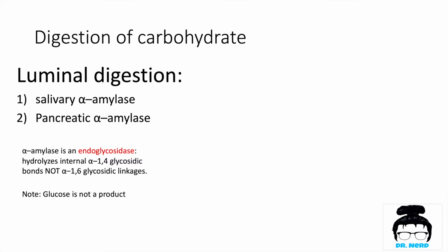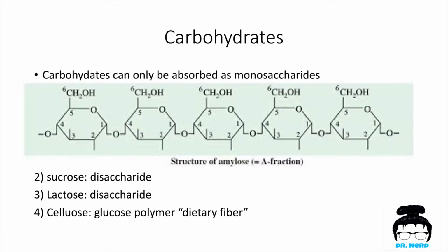Which means we're inside, like we're in the middle of the amylose structure and not at the borders. So this is not the first carbon, and this is not the first monomer, and this is not the last monomer. We're in the middle. So alpha amylase will break down those alpha 1,4 glycosidic bonds. Okay?